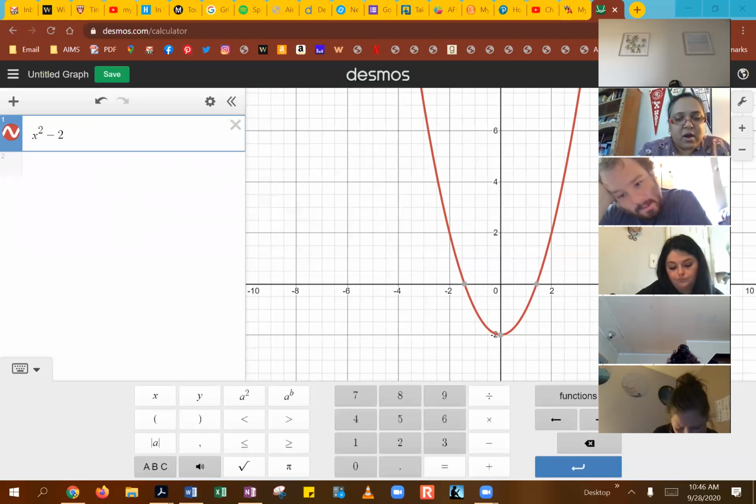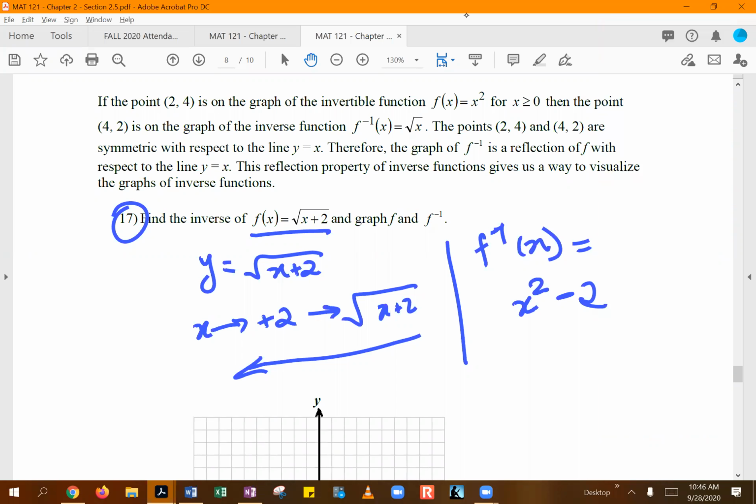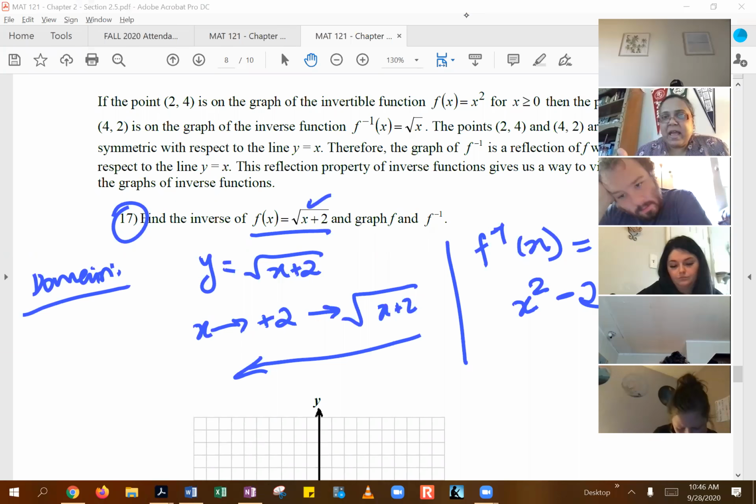So remember we were talking about how the domain and range switch places for the original function and the inverse function. So what's going to happen over here is if you actually talk about the domain for our original function, you can see with that square root of x plus 2, we cannot have any negatives inside of our square root, which means the smallest number is going to be what?